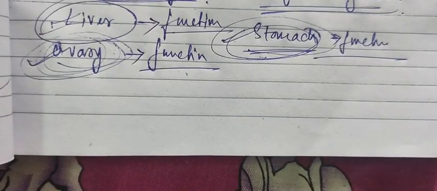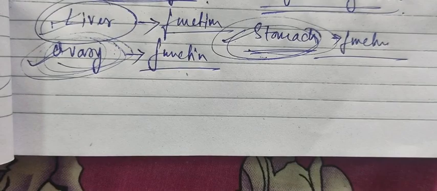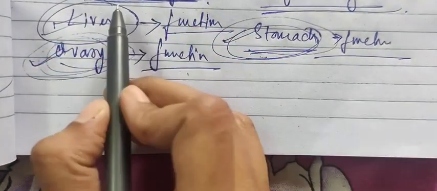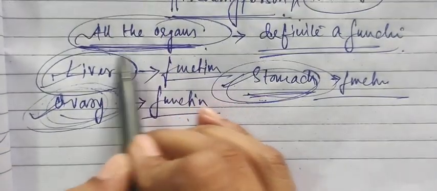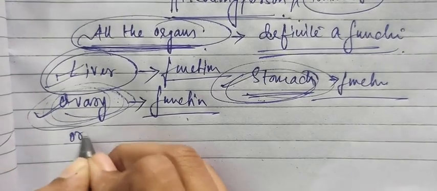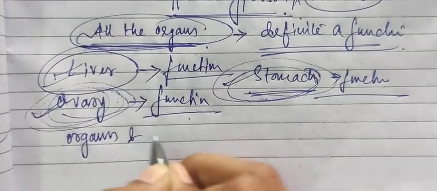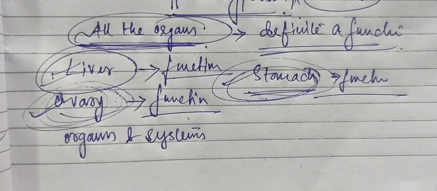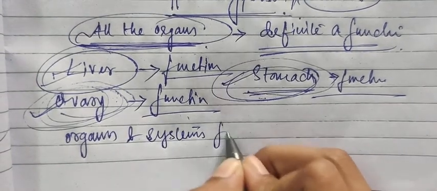Now we can say what is the meaning of reproductive health, or of being healthy. In a healthy person, all the organs and systems in our body function properly.